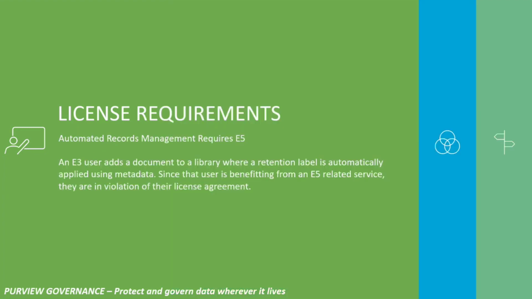So firstly, licensing requirements. Automated records management requires an E5 license. We gave a little example here. Depending on your organization and the configuration, there's a chance that different licensing is being applied to different users, but a lot of organizations use E3, so that's the example. An E3 user just going about their day adds a document to a document library where a retention label is automatically applied utilizing metadata.